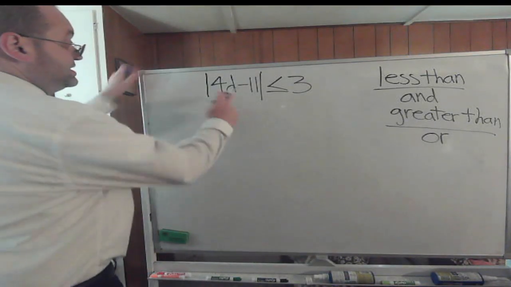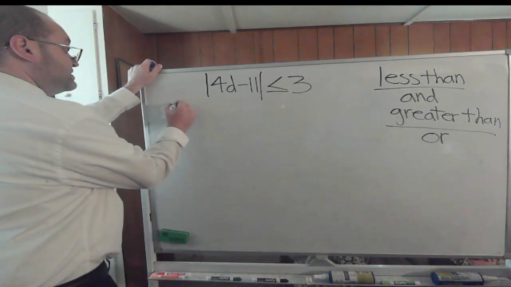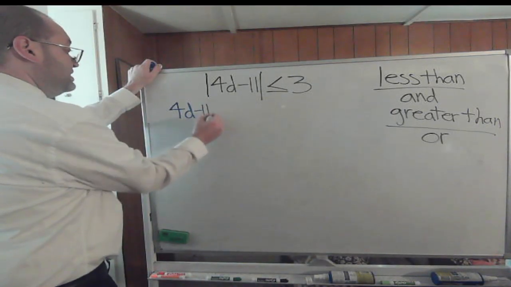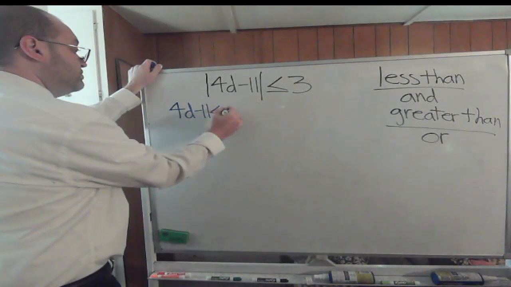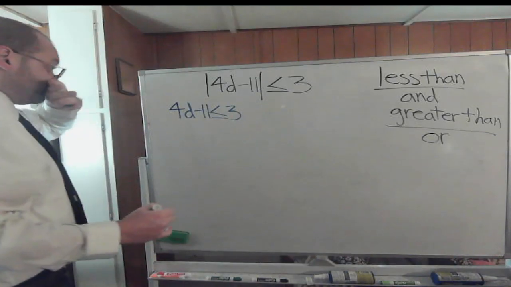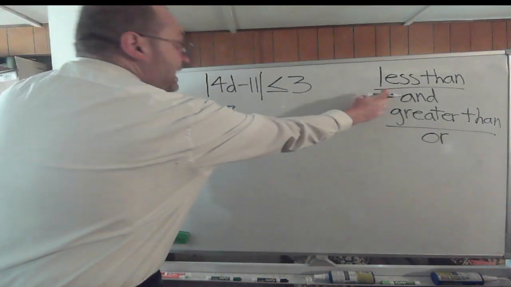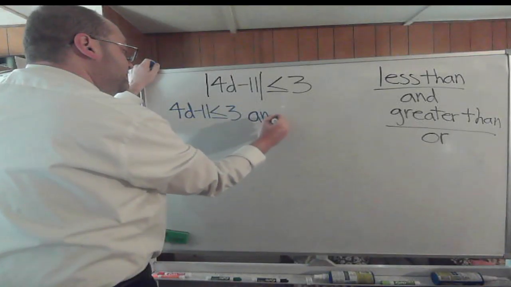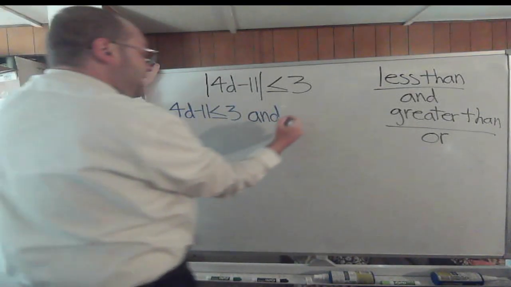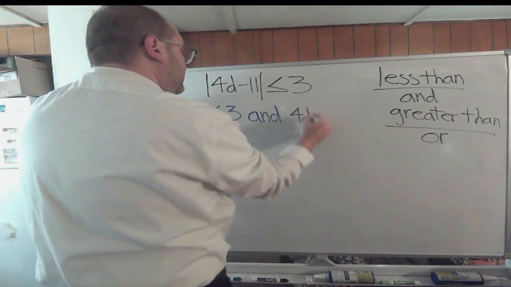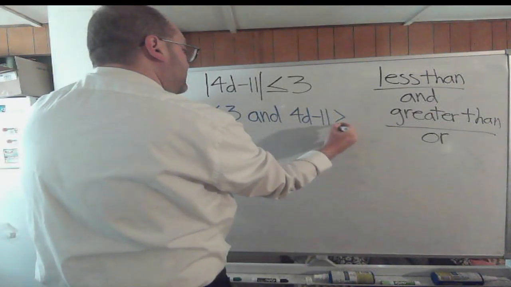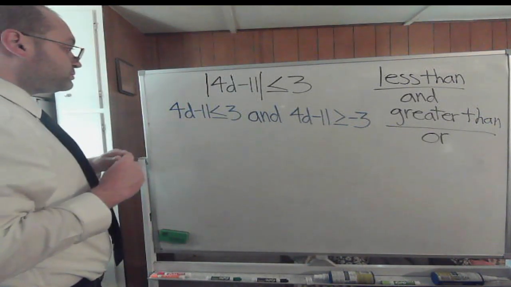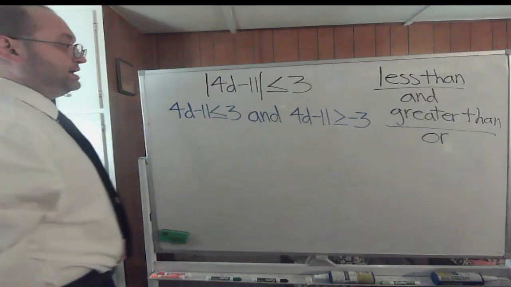Well, you'll take what's inside your absolute value and keep the sign, so you'll have 4d minus 11 is in fact less than or equal to 3, and then less than, and. So 4d minus 11 is less than or equal to 3, and 4d minus 11 is greater than or equal to negative 3. That's what you would get.